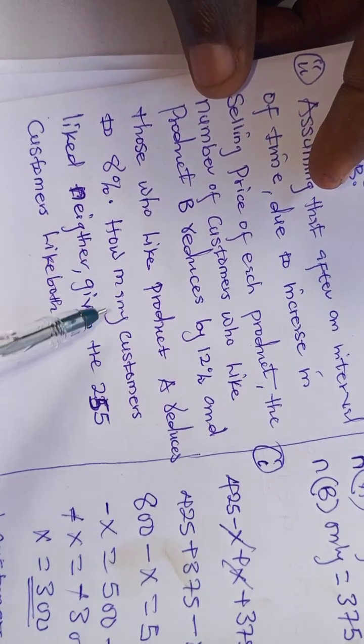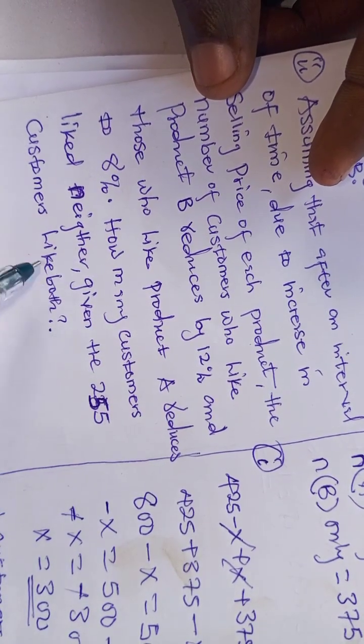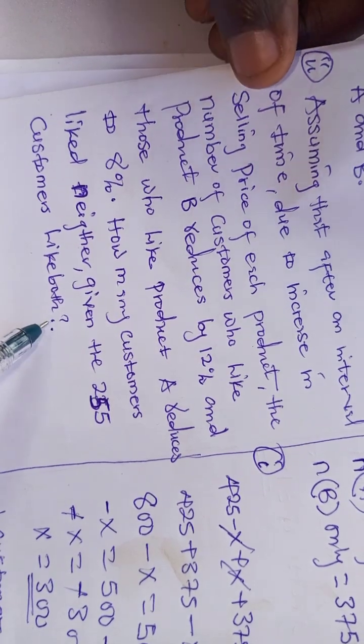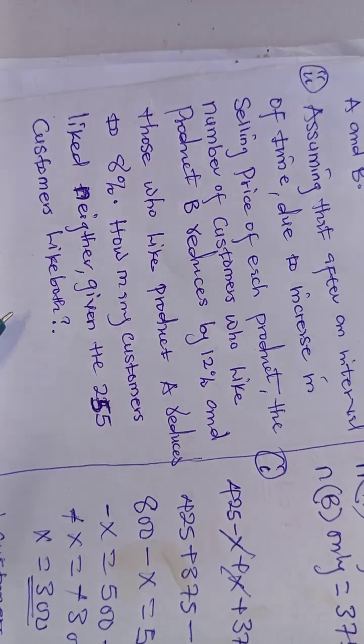And they're asking how many customers like neither, given the 255 customers like both.